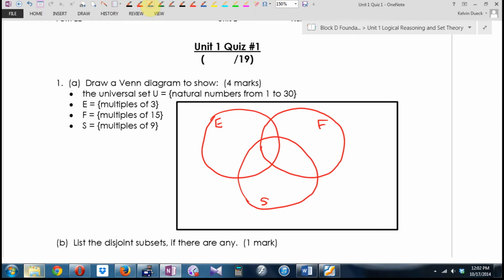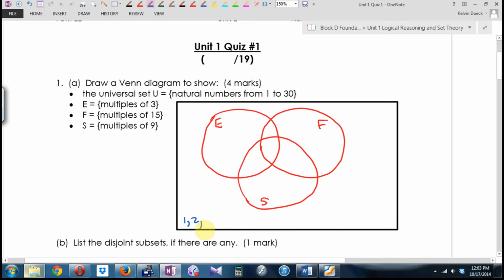But I'm going to go systematically one number at a time so that I can figure out which ones belong in 2. I'm going to start with 1. Where am I going to put a 1? On the, yep, 1, comma. Where am I going to put a 2? Outside. Where am I going to put a 3?